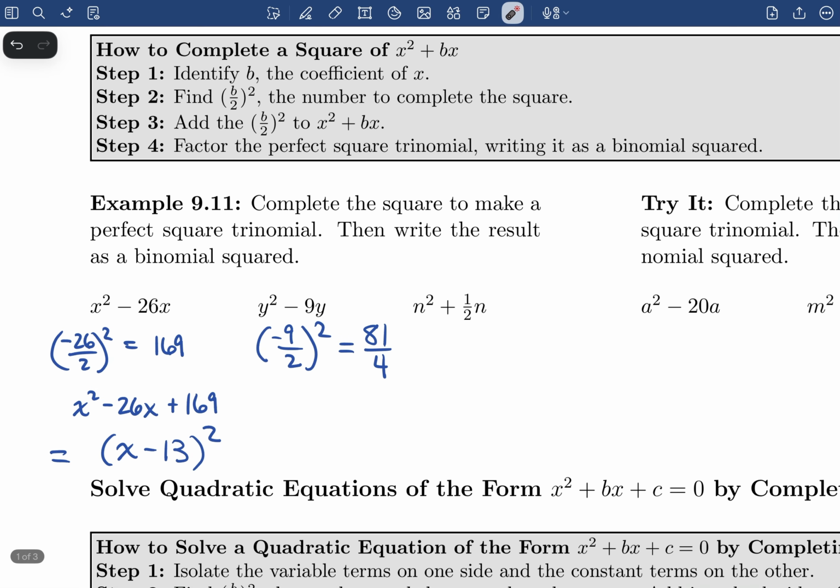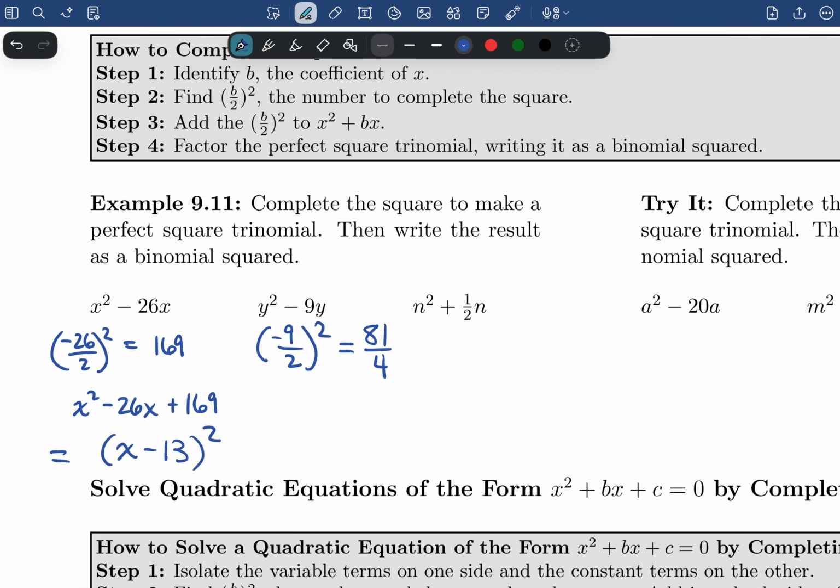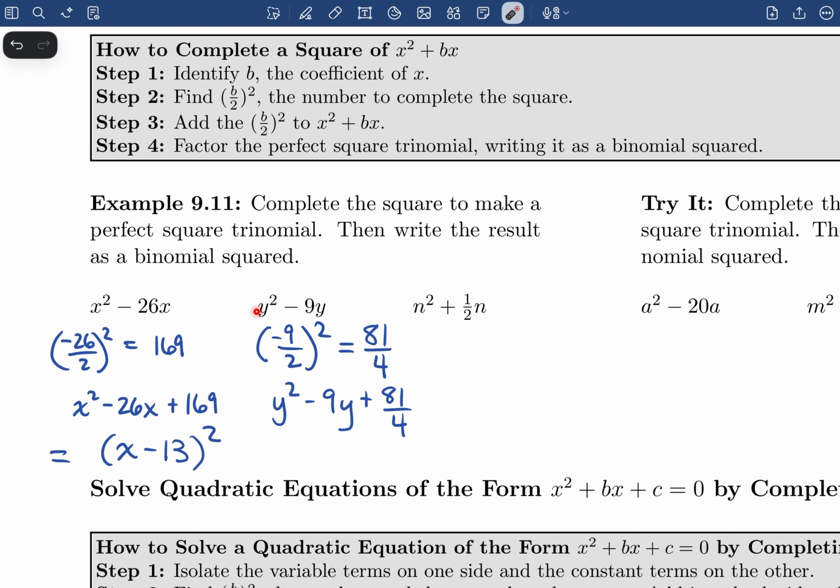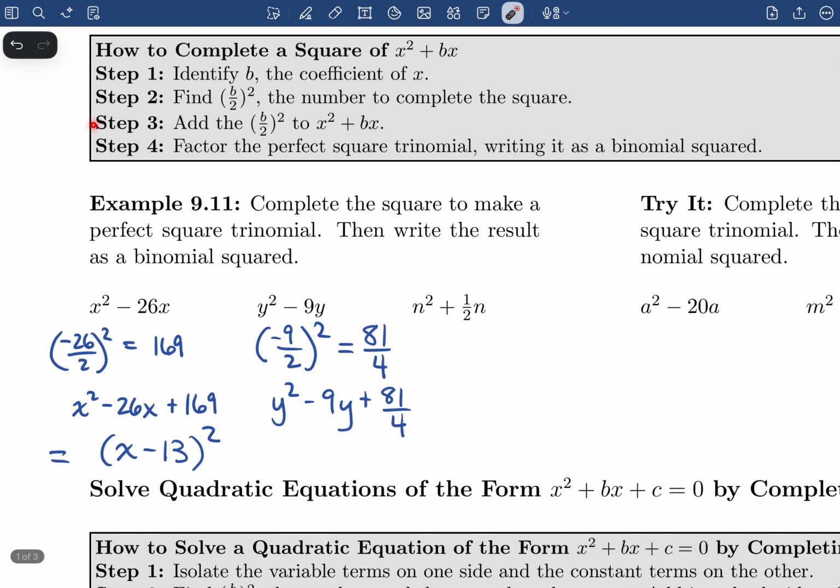I have just completed the square, and I will take that value and add it to the end of this stuff right here. That's what it says in step 3.